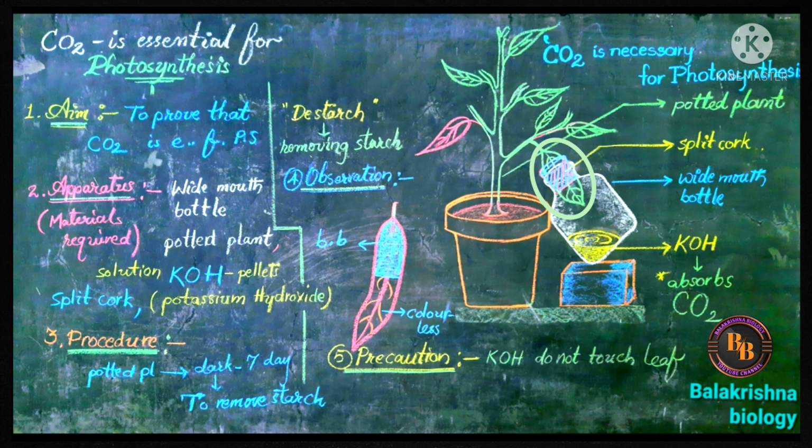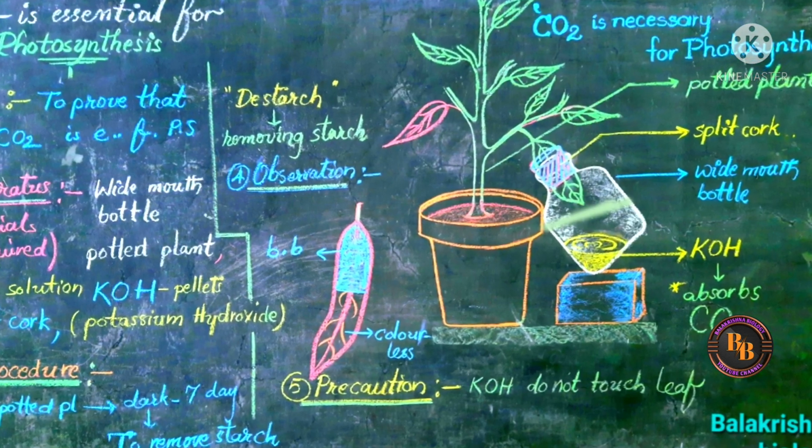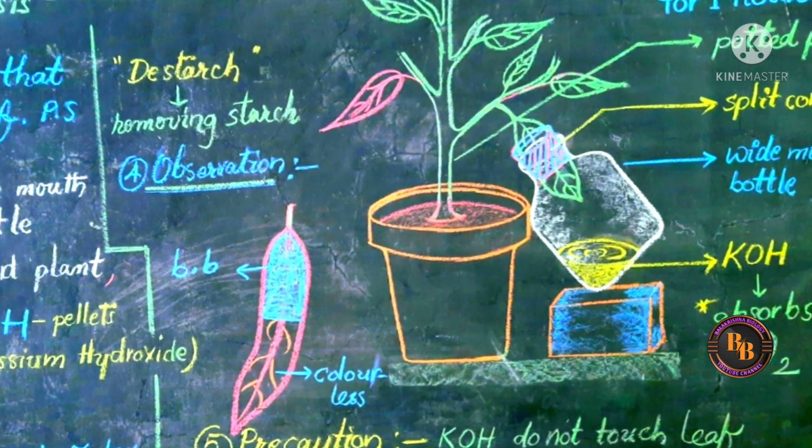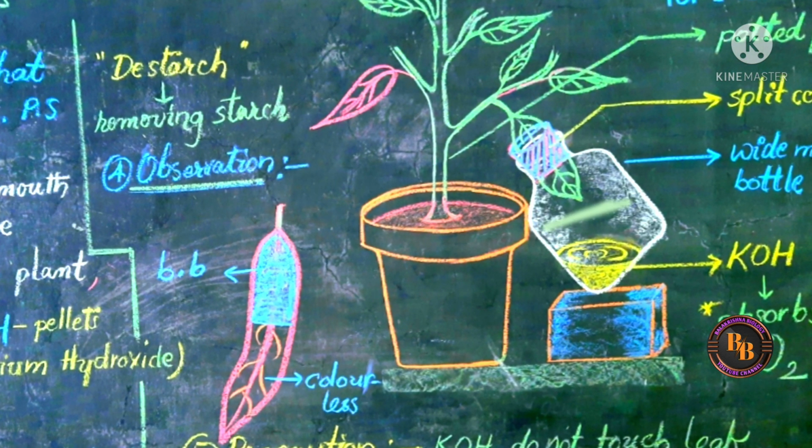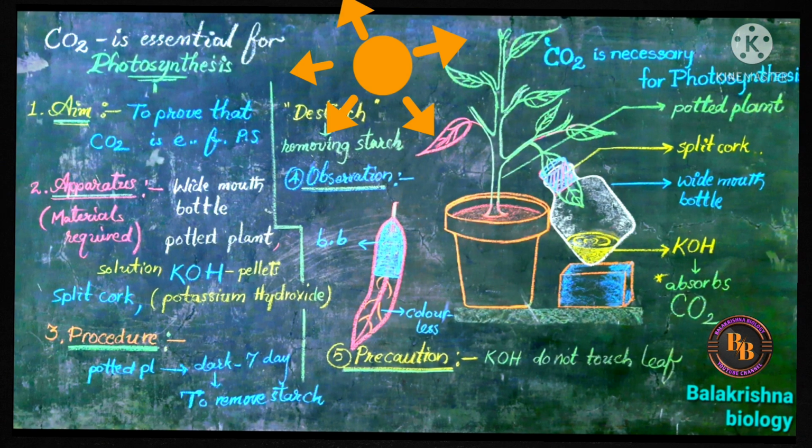Also take care that the half of the leaf inside the bottle does not touch the potassium hydroxide solution. Okay, good. Next, keep this entire setup in sunlight for 3 to 4 hours.